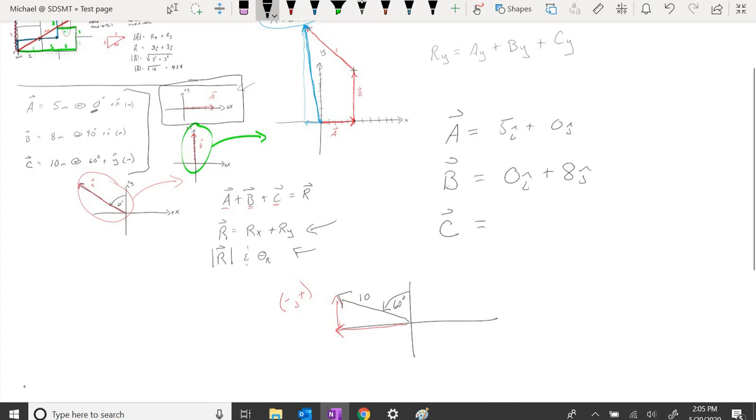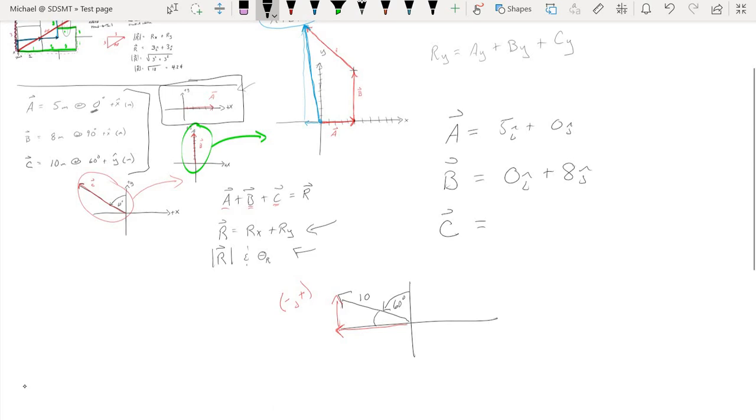We can take the difference in the 60 and the 90 degrees, and we can use the 30 degrees inside of that triangle to help us find out what the values of the individual components need to be. The only thing that we need to keep in the back of our mind is that that x component needs to be negative and that y component needs to be positive.